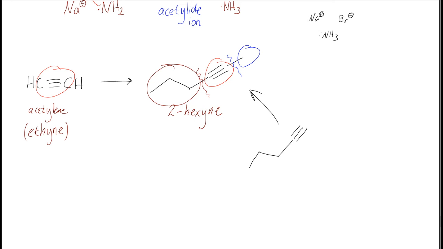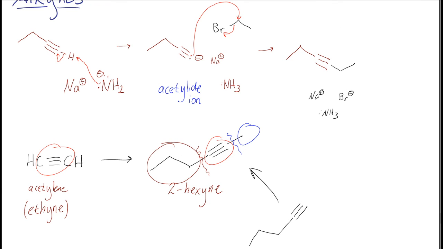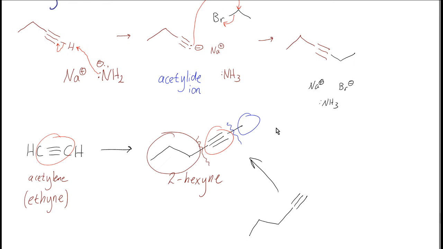Okay, so we can think about going from the molecule I just drew to the product by adding that methyl group. And that's something we just learned how to do. We learned that in order to do that, we have to first deprotonate with sodium amide and then use some sort of an alkyl halide to add that alkyl group. The way that we write that is in subsequent steps.